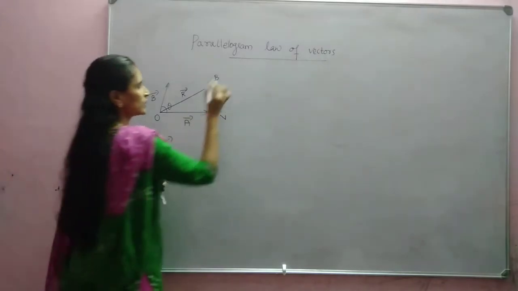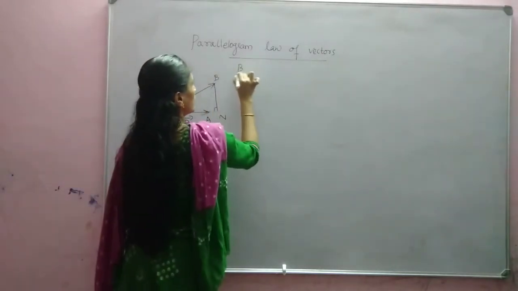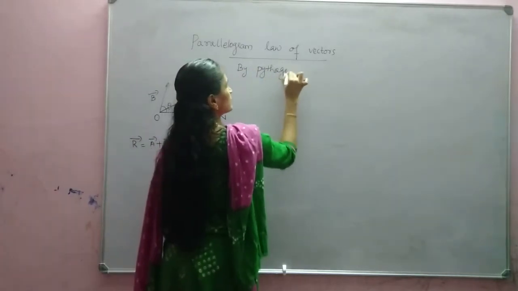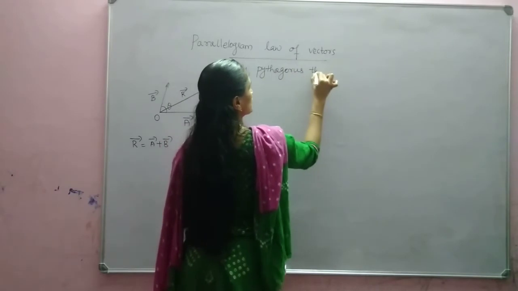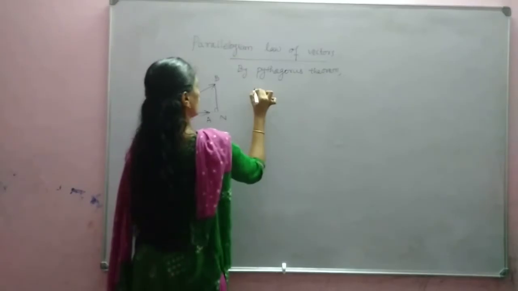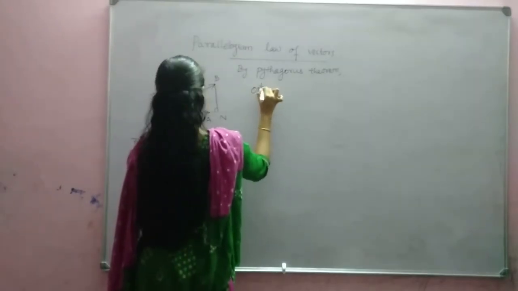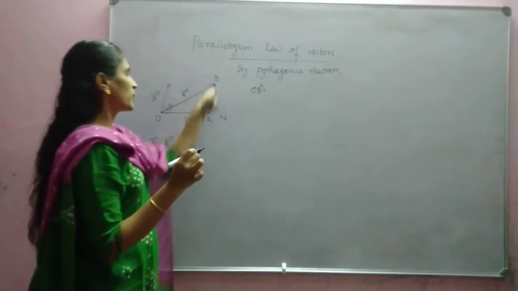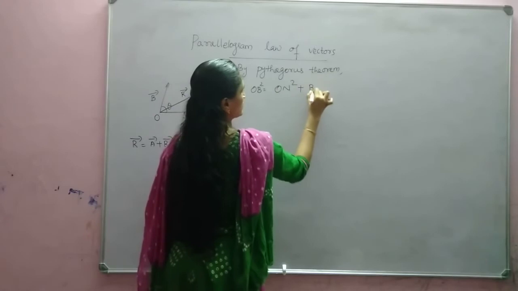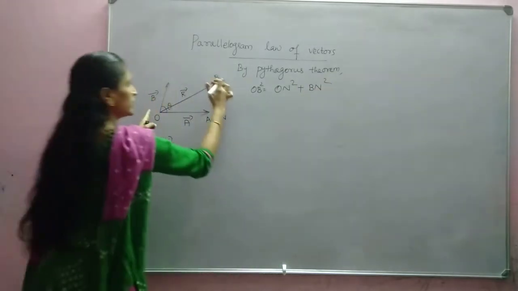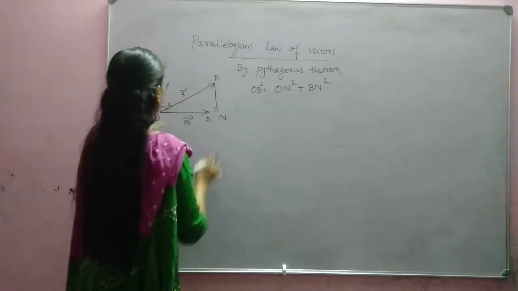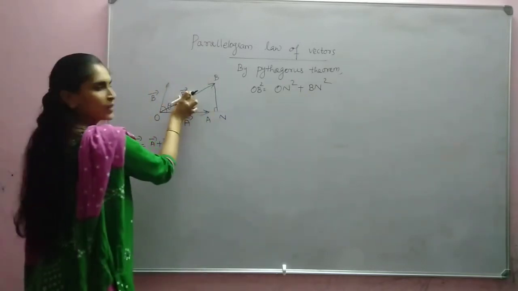By using the Pythagoras theorem, we can write OB square is equal to ON square plus BN square. OB square means this resultant, which is equal to ON square plus BN square. And what is OB? OB is equal to R.